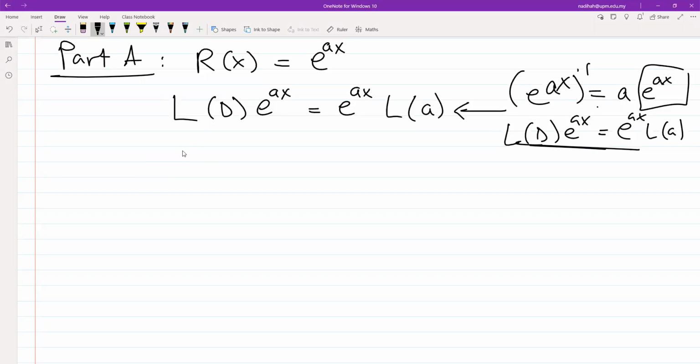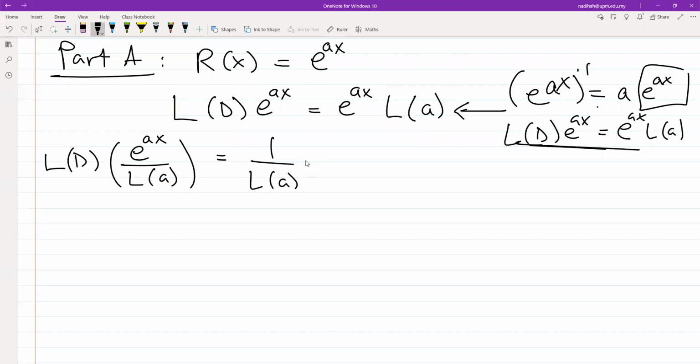Okay, so kalau saya buat apa ni, pergi ke sebelah, bagikan kedua-dua belah dengan linear operator of a, saya akan dapat e to the ax divided by L of a. This is equals to 1 over, saya boleh keluarkan L of a times L of e to the ax.